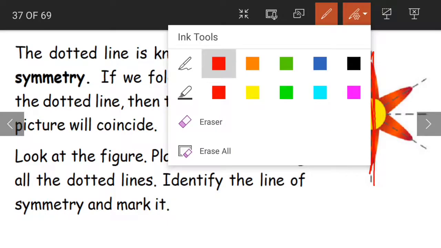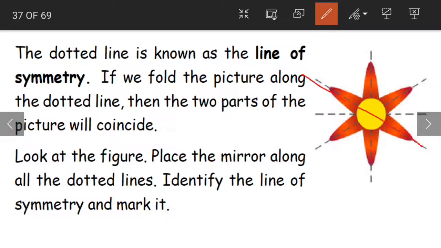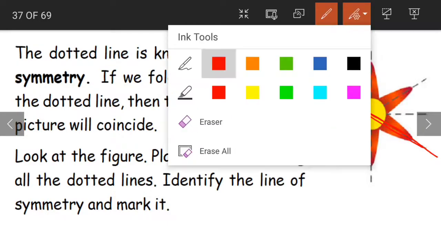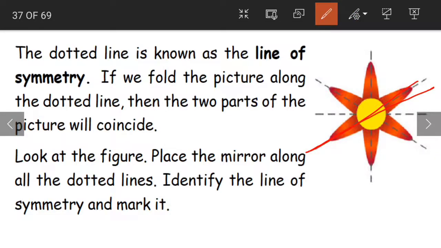Both the parts will exactly overlap each other. Again, this is also a line of symmetry for the given figure, and even when I fold it along this line. So this particular figure has how many lines of symmetry, children? 1, 2, 3 and 4 lines of symmetry.